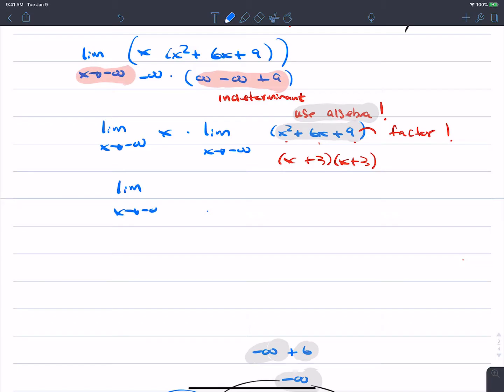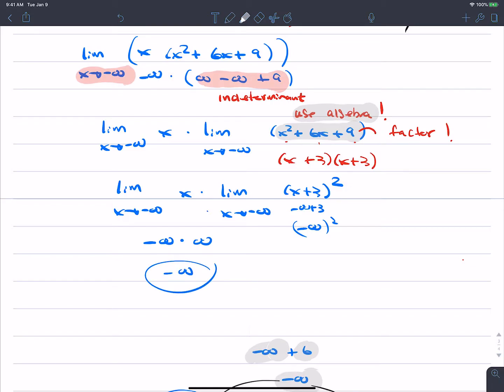Limit as x goes to minus infinity of x times the limit as x goes to minus infinity of x plus 3, to the what? Second power? So this is going to be negative infinity, and this will be negative infinity plus 3, which is still going to be negative infinity squared, and that's going to be minus infinity. Good. So that's a lot sweeter.